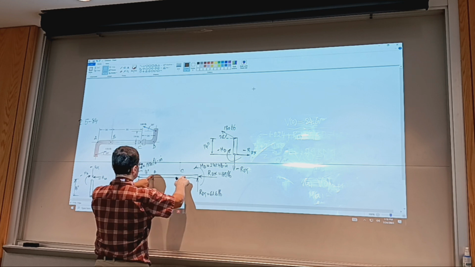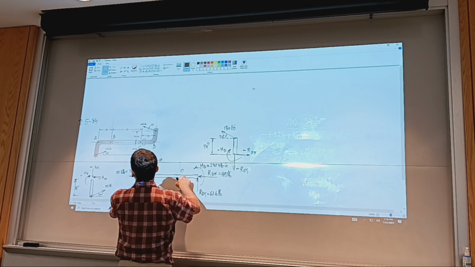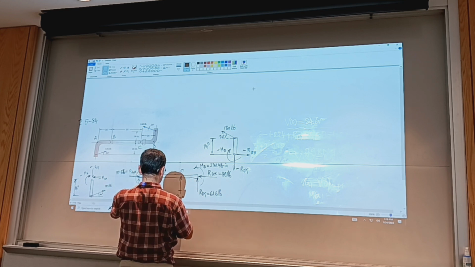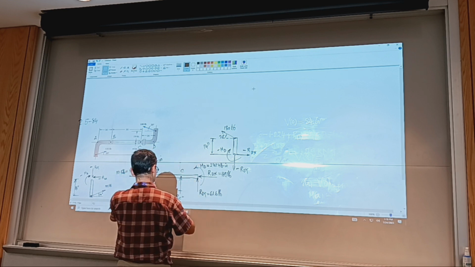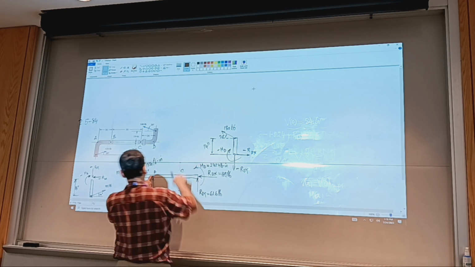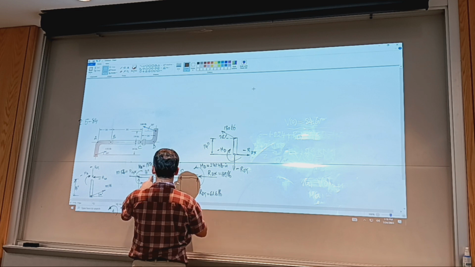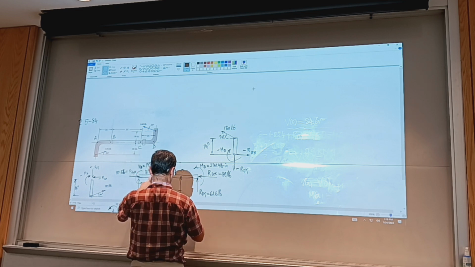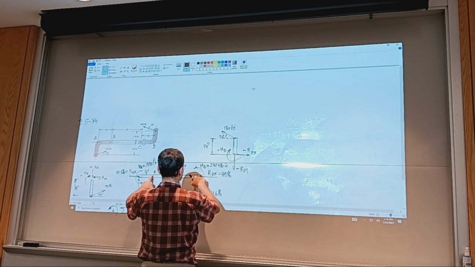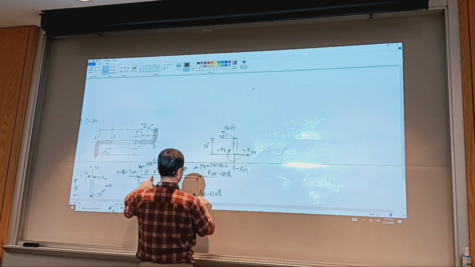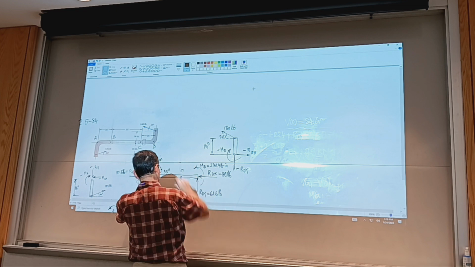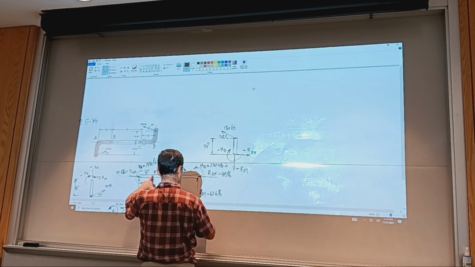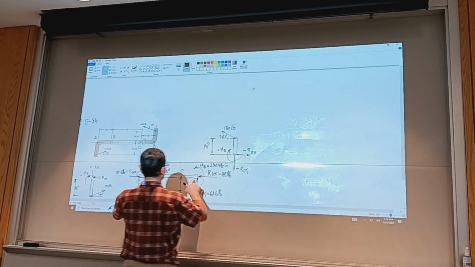Okay, I move to this side. The arm at 35 for RC causes a positive moment, so RC times 35 inches. And then lastly, I have RDY, likewise causing a positive moment, so 61.6 multiplied by the full length.